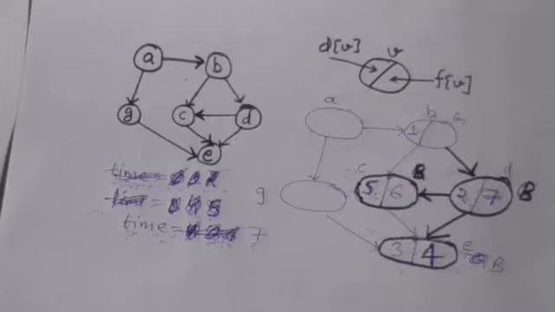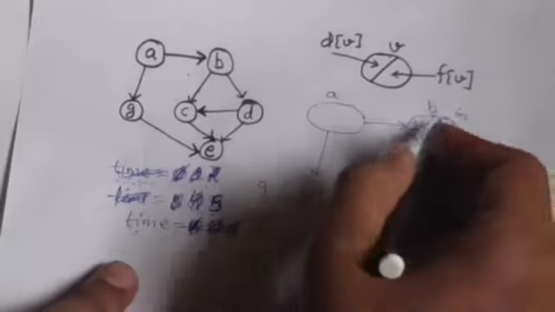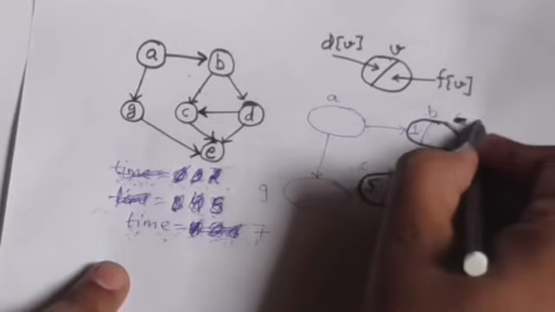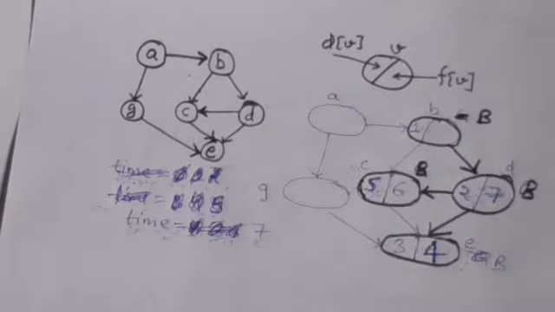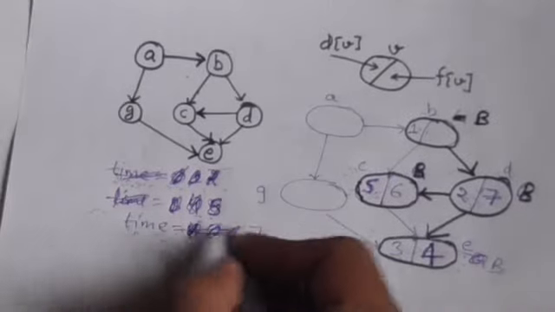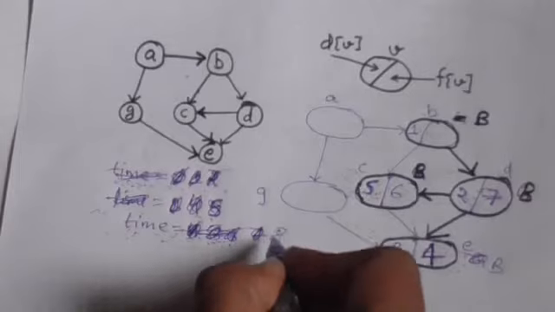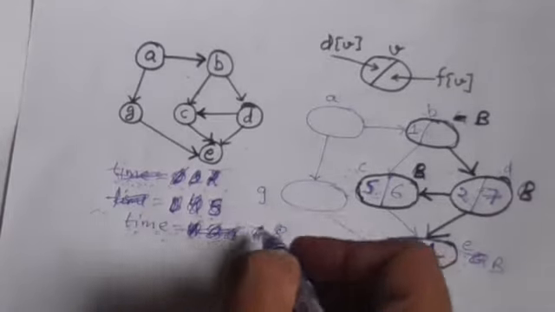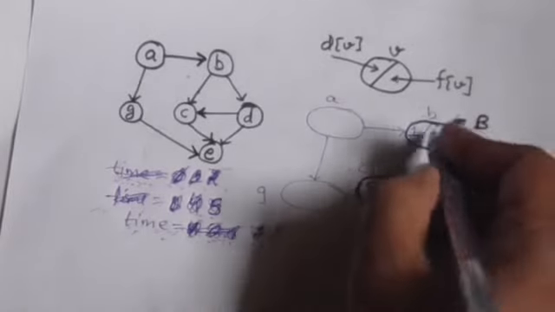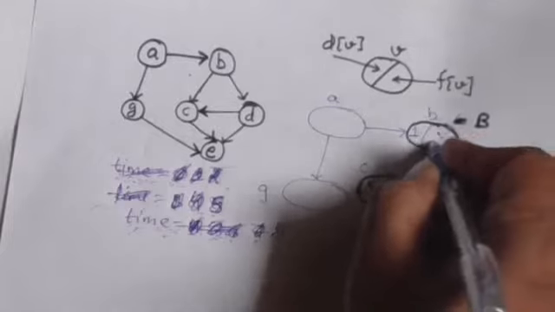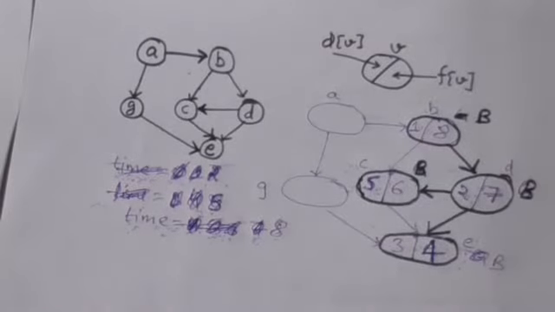We will change the color of vertex B from gray to black, right? And then we will increase the value of variable time by 1. Now the value of variable time has become 8, right? Now this value of variable time will be set as the finishing time of vertex B. So the finishing time of vertex B is 8, right?